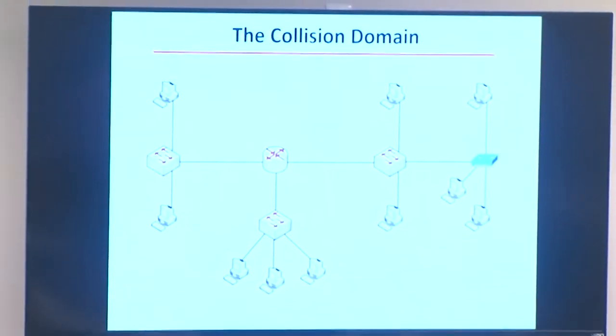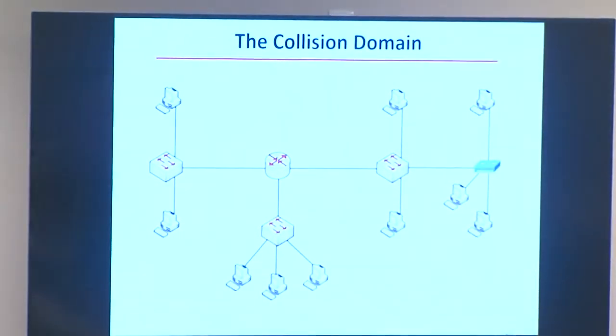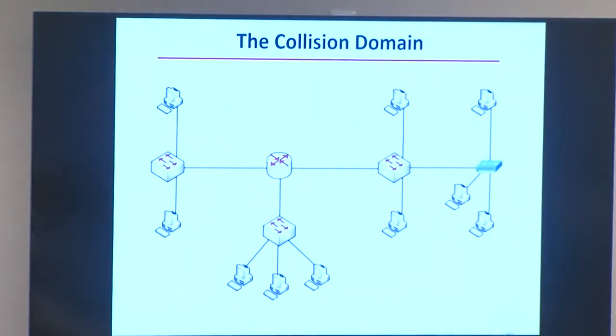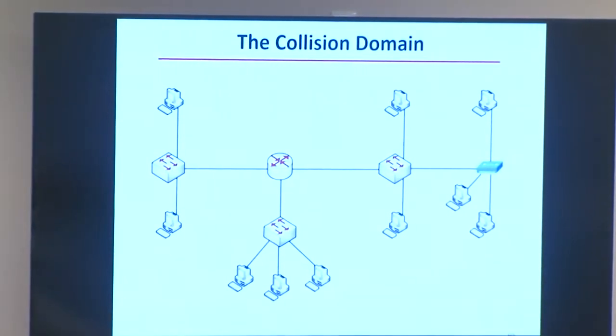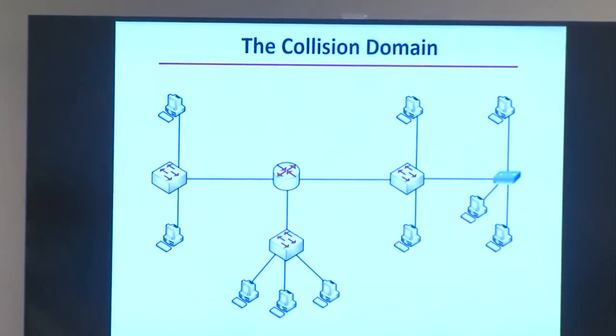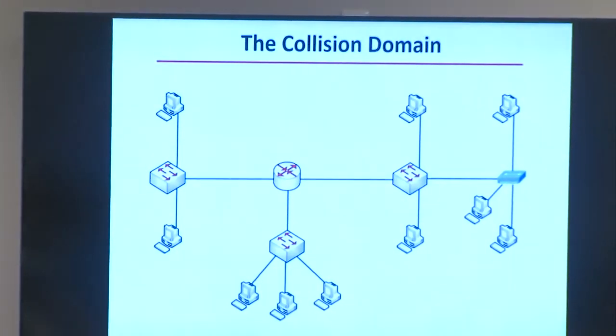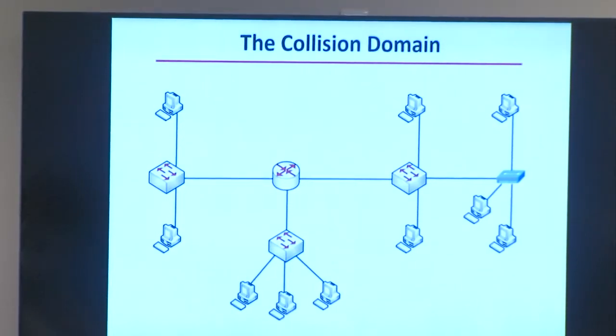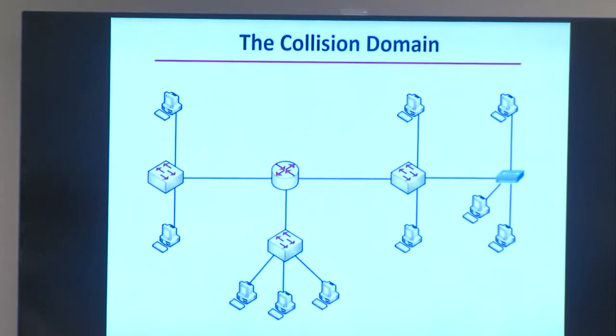Let's talk about collision domains. I think Wiley had asked a question earlier about collisions. Collisions came from the bus-structured world, or any situation where we have more than two devices on a network segment.